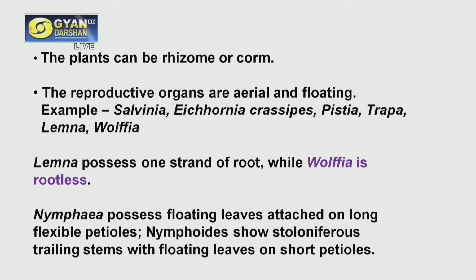Wolffia, this is a very characteristic plant. It is rootless. It does not have any root. And Wolffia is also known as the smallest angiospermic plant. Now imagine the plant is without any root. Why? Because they don't need the roots, because they are present in an aquatic environment.